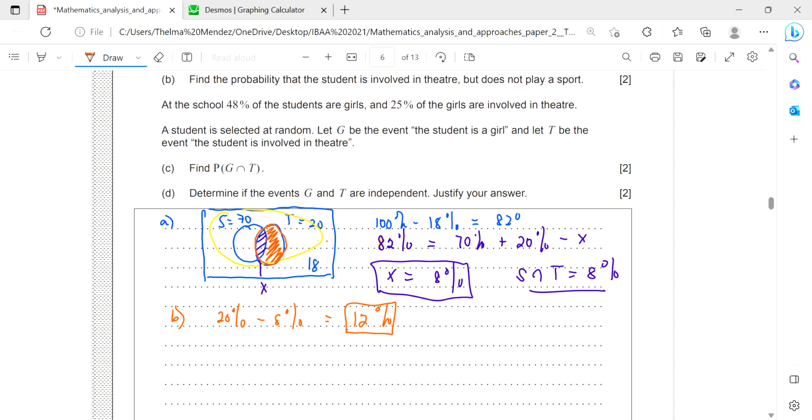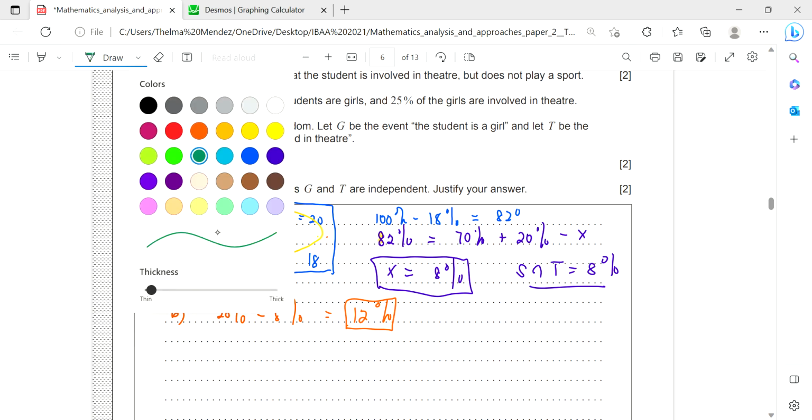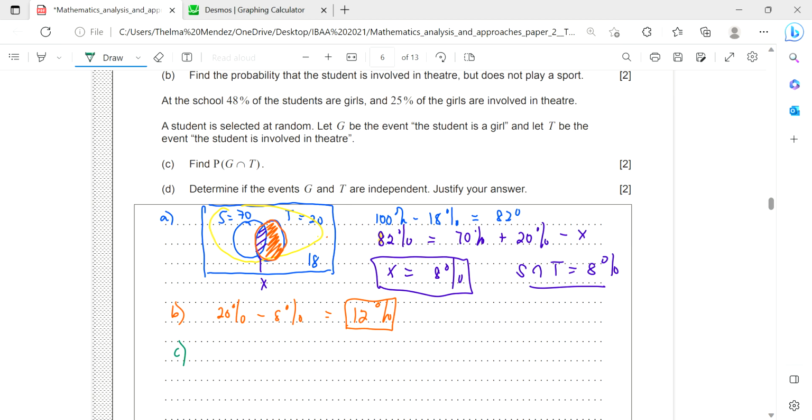Find the probability of G intersection T. So for C, the probability of G intersection T could be taken from here. 48% of the students are girls, and 25% of 48%. So this translates to 0.25 times 0.48, and this is equal to 0.12.